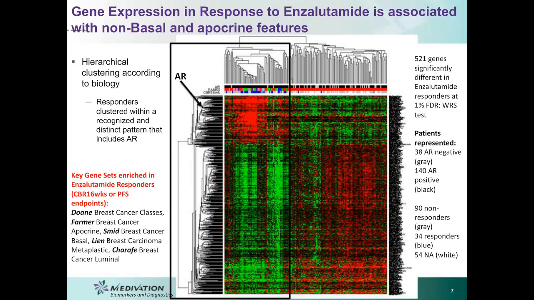The third row shows blue and gray, where gray represents those patients that did not achieve 16-week clinical benefit, and blue are those that had a response or had clinical benefit at 16 weeks. When clustering over this set of genes, where red indicates high expression and green indicates relatively lower expression, we see a cluster on the left.